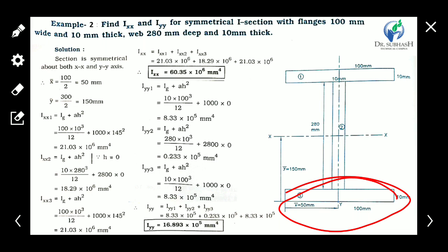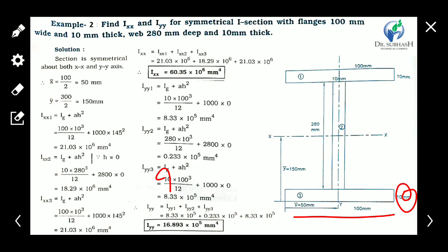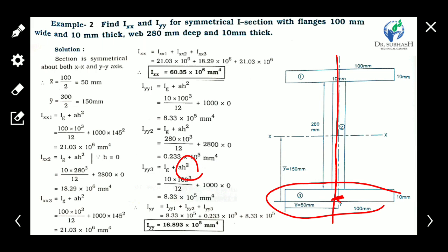Ig is bd cube by 12. So depth is 10 and breadth is 100. So 10 into 100 cube upon 12, plus area, which is 1000. Area is 1000 and h is also 0 because the CG of this element is in the middle and it passes through the y-axis.